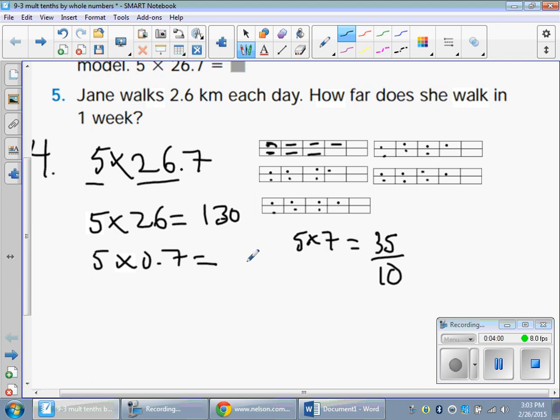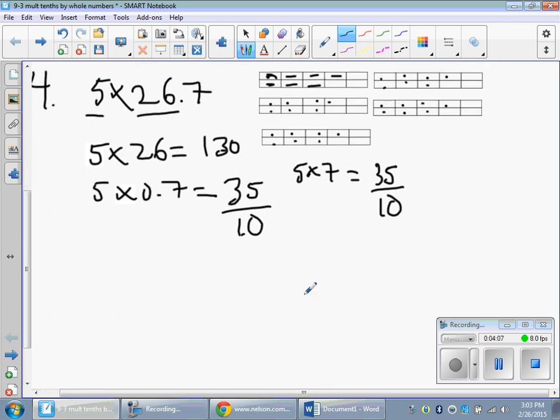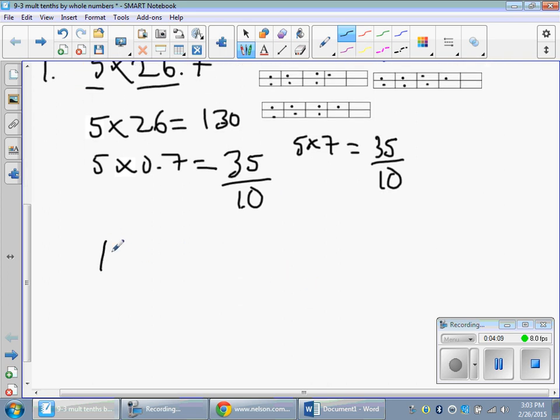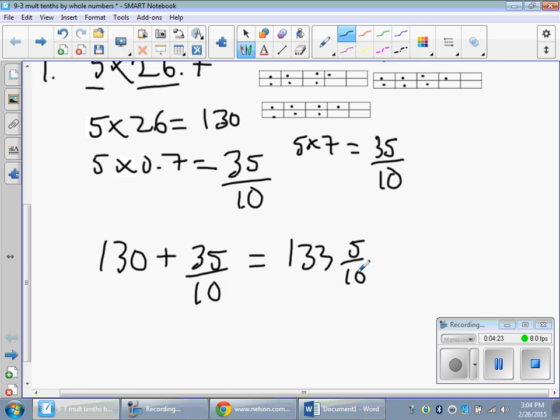Thus, 5 times 0.7 is 35 tenths. And from this, we are able to say 130 plus 35 tenths equals our 133 and 5 tenths.